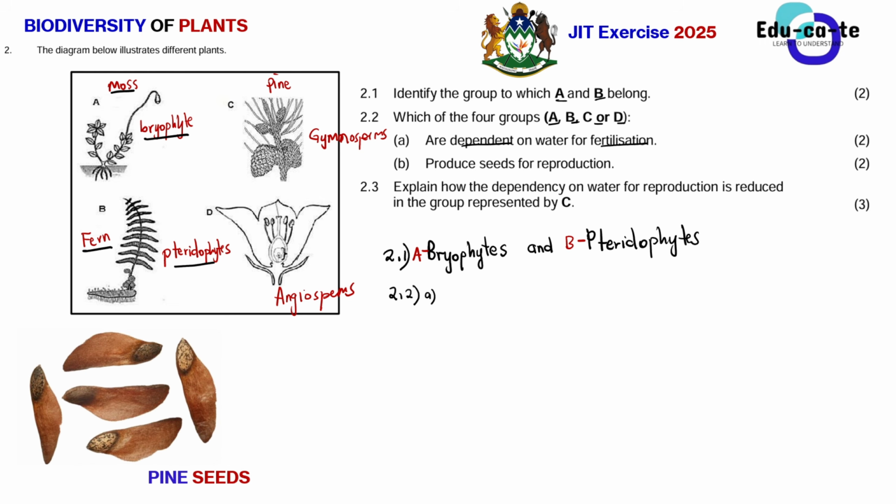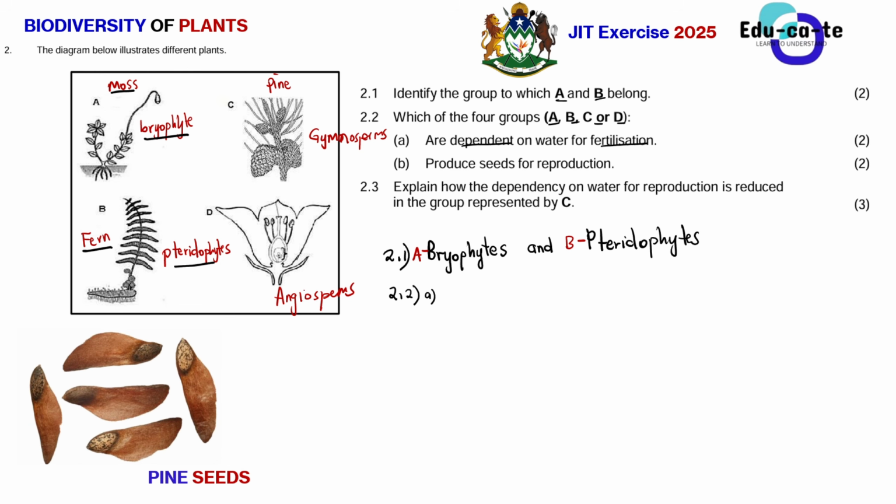And we know that it is the divisions A and B, which is the bryophytes and the pteridophytes. The gymnosperms, they don't require water because they have got cones, they have got seeds, right? And then also the angiosperms, they have got seeds and fruit, so they don't really require water for fertilization.